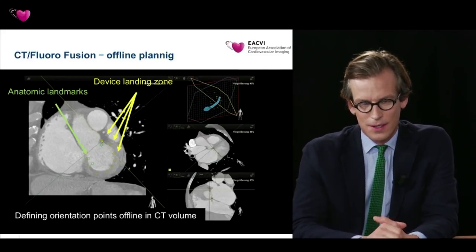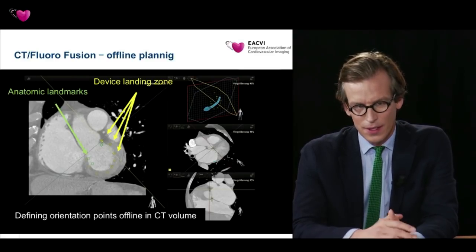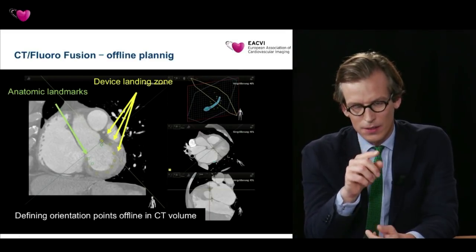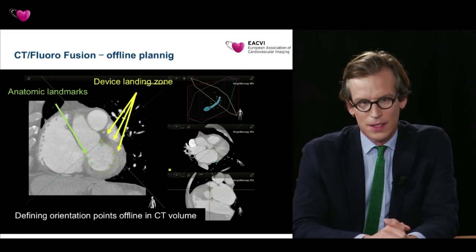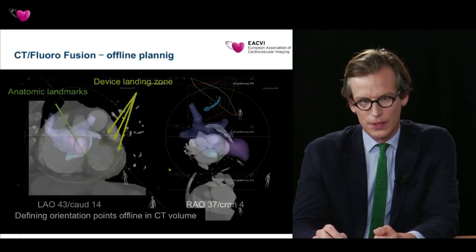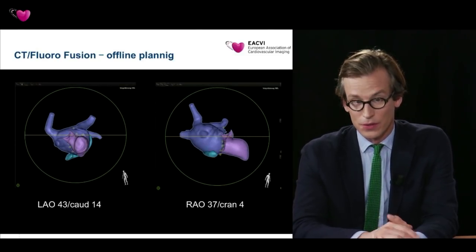In this CT fusion software called Heart Navigator, you can set up to 10 markers, and we put these markers around the mitral annulus, just where we were going to implant the annuloplasty device. Offline CT planning also helps us to define C-arm angulations.